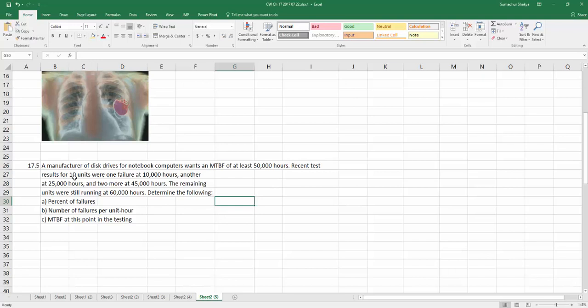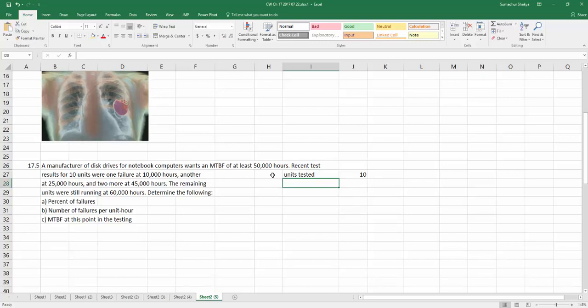From the recent test results, 10 units were subjected to the test. So I'm going to start getting the numbers wherein I can use them. 10 units tested. One failed at 10,000 hours.